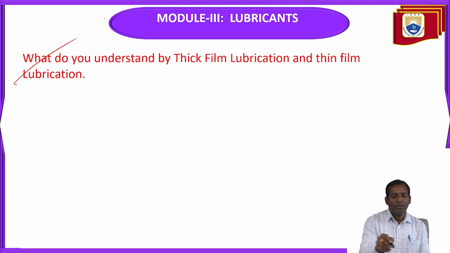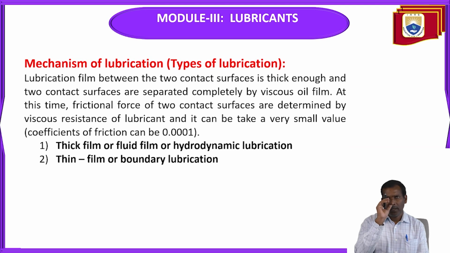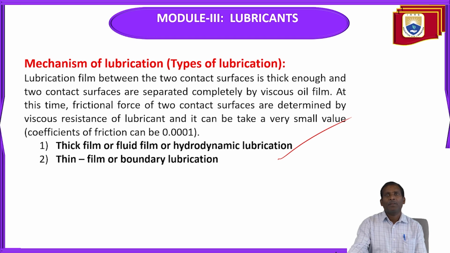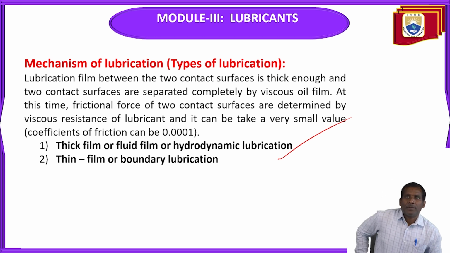Next question: what do you understand by thick film lubrication and thin film lubrication? The types of lubrication are shown here. One is thick film, or fluid film, or hydrodynamic lubrication. Another is thin film or boundary lubrication. In thick film lubrication, the lubrication film between the two contact surfaces is thick enough that the two contact surfaces are separated completely by a viscous oil film.